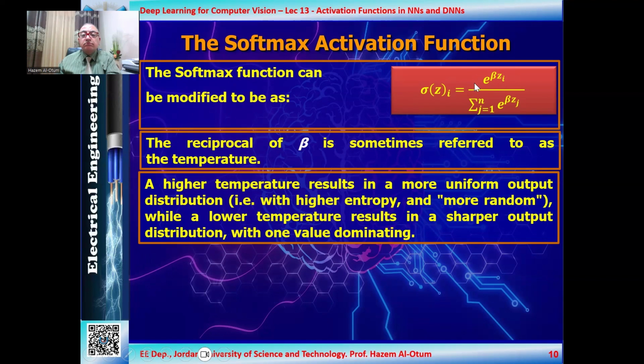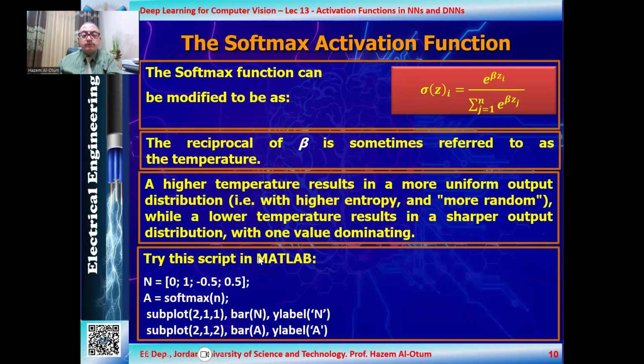However, you can find in the literature many techniques or papers that deal with the value of beta and how to get this beta value within a specific range that is suitable for your task.